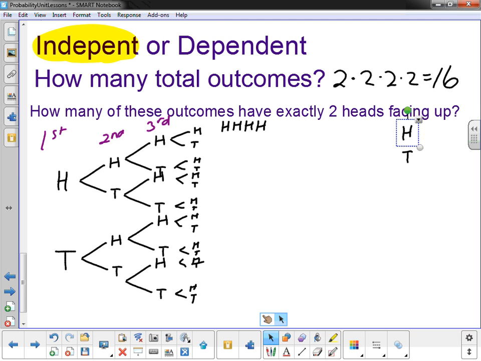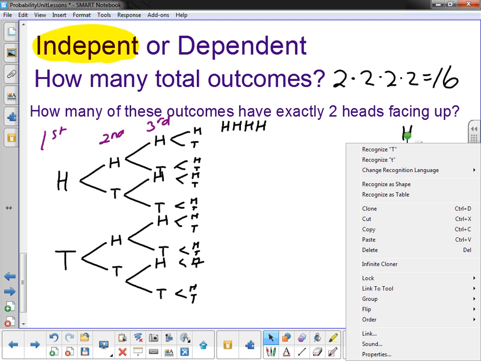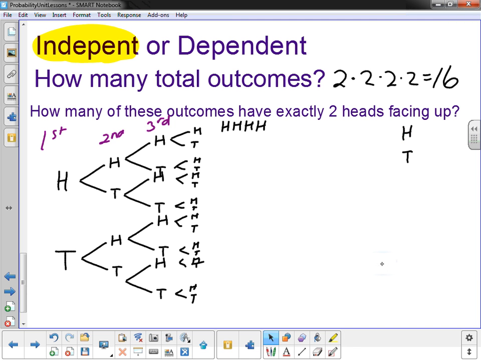I'll make this a little faster for me too. We're going to make this an independent cloner. There we go. Now the next one had 3 heads and only 1 tail. And now I would just continue all the way down this list until I got to the bottom. So let's see what that would look like.